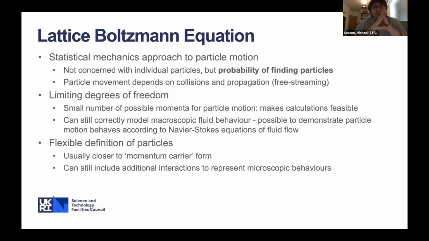Usually in Lattice Boltzmann, these are closest to a carrier of momentum approach, so we're not necessarily tying them to particular numbers of atoms or molecules. However, it's still possible for us to include additional interactions between these particles through how they collide, to represent microscopic behaviors and get the right kinds of thermodynamics.